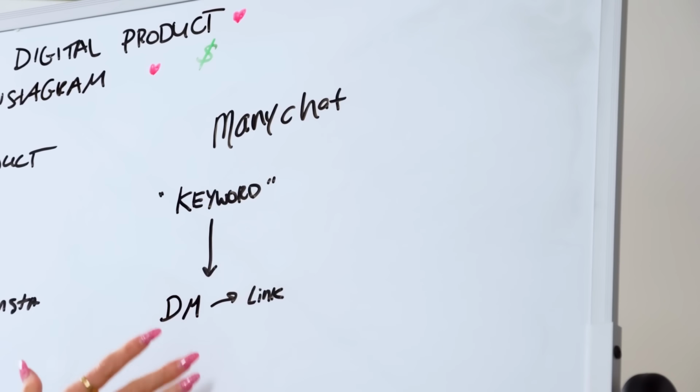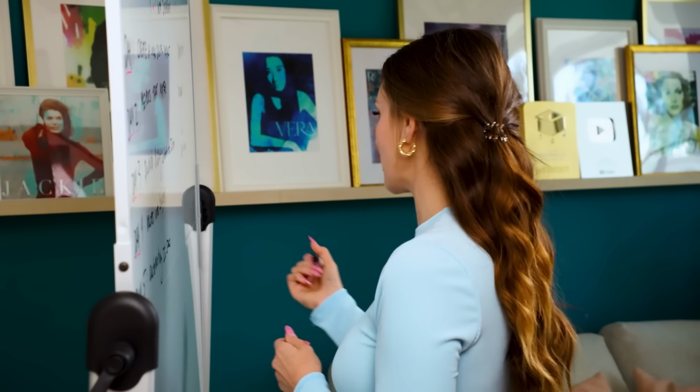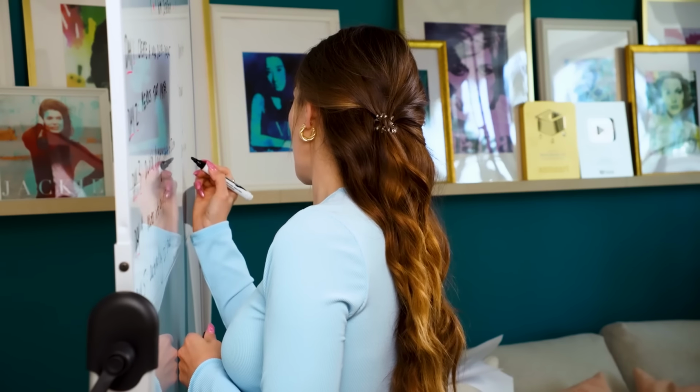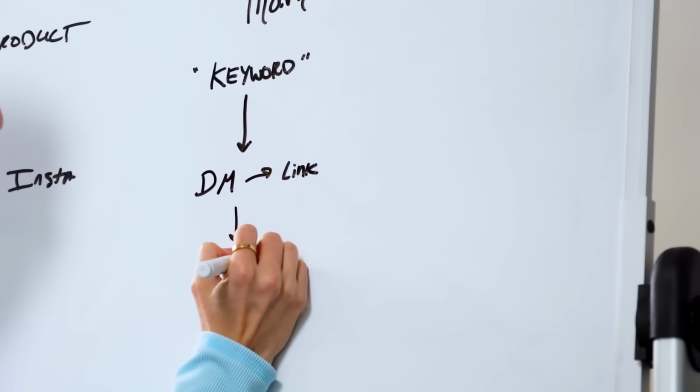I could have said, comment guide to get my guide to selling digital products with Instagram. So they'll comment the word guide. ManyChat will automatically know to send them this link because of the simple automation. And then people will click that link that got messaged to them and get taken to the checkout page.